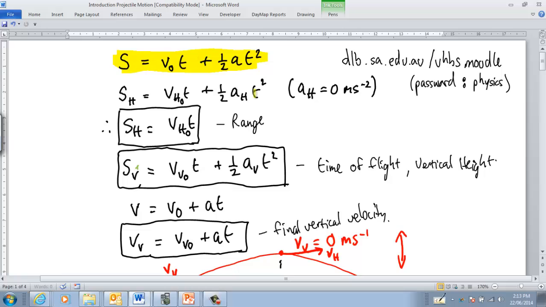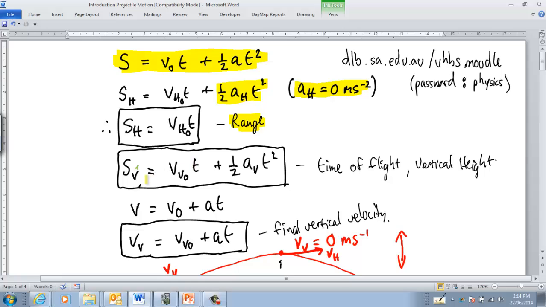If we break into horizontal components, SH equals VH T plus a half A T squared. That second term goes out because the horizontal acceleration is in fact zero, isn't it? So that gives us this formula for the range, which is SH equals VH0 T. Initial horizontal velocity times the time.